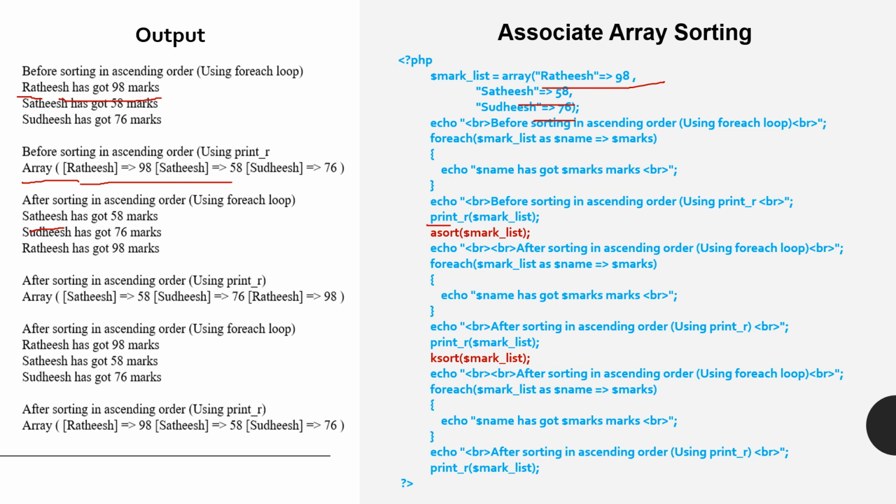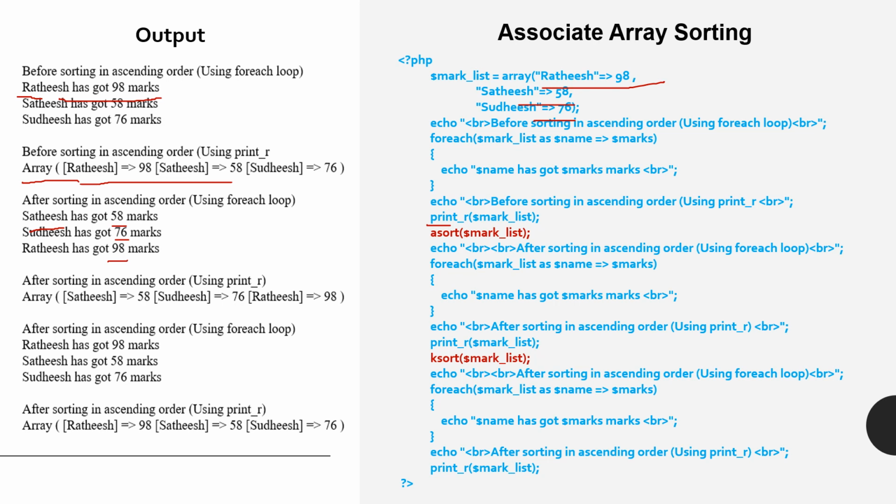Why? Because this is based on value. Sorting will happen based on value. See, 56, 58, 76, 98. Based on these values only sorting happens. That is why it is displaying Satish first, then Radish, like that.